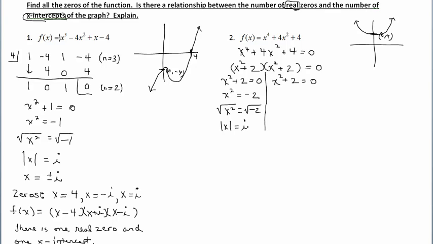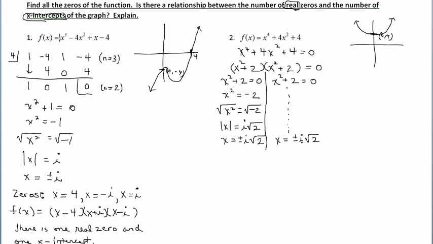Bring out the i. Square root of 2 won't simplify. Remove the absolute value. You have 2 imaginary solutions. And then over here, I'm just going to do a dash, dash, dash, dash, dash, because the result will be the same.